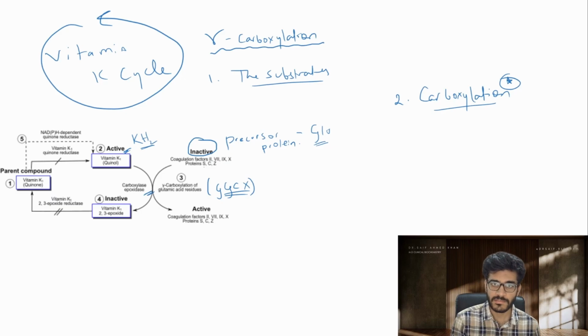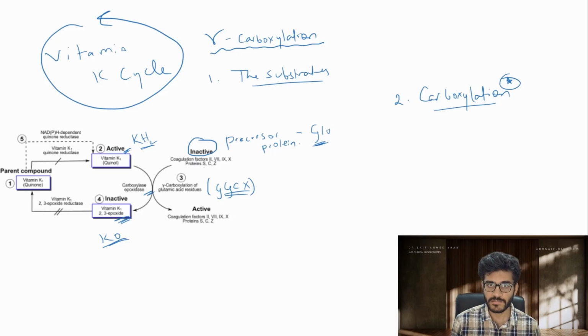So the mechanism is that KH2 isn't just a passive observer, it acts as a reductant, donating electrons to activate CO2 and facilitate its addition to the gamma carbon of the glutamate residues. In this process, KH2 is oxidized to KO, vitamin K epoxide, which is the inactive form.